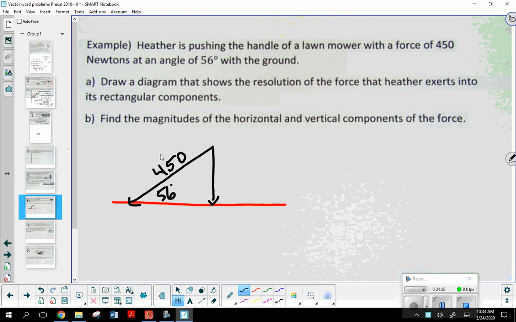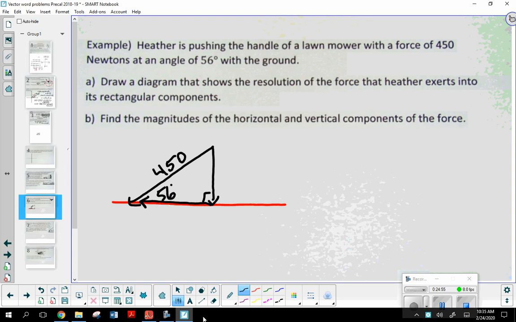There you go. And then show me the horizontal. Where would its direction be? Would it have the arrowhead on the left or the right? We still need to draw the base, the horizontal component. Okay, good. That's all there is to it.